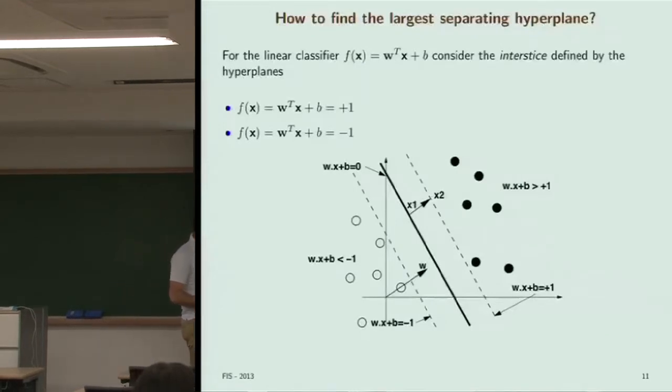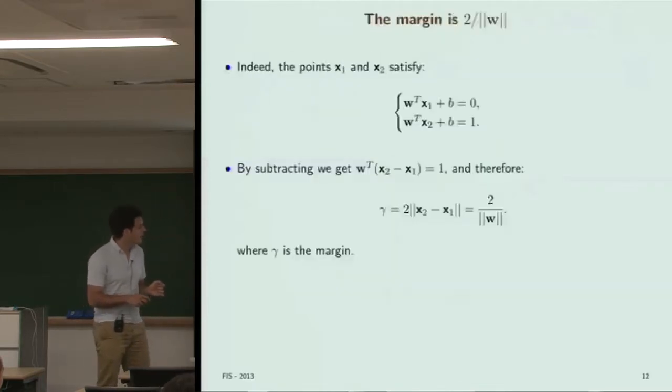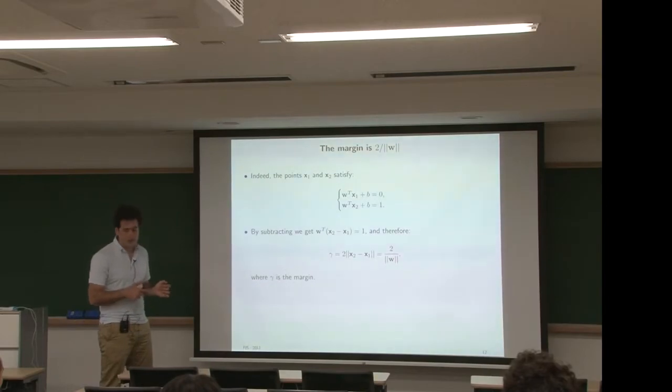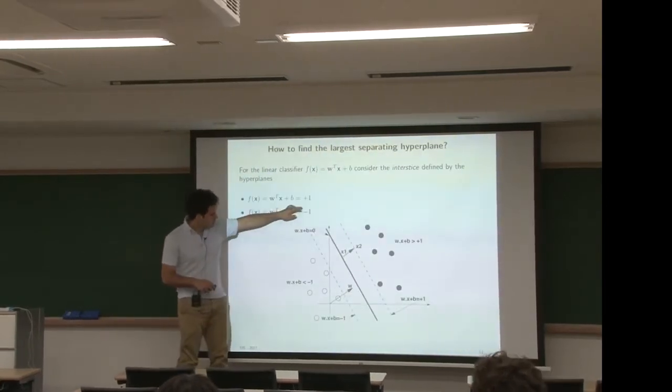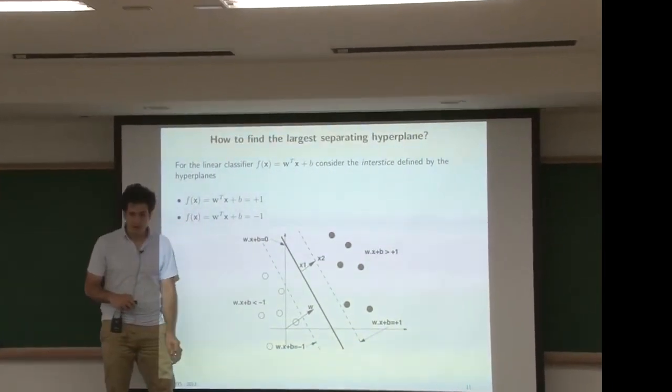So once we have parameterized our hyperplane and the tube that goes with it this way, what we can see is that the distance between the hyperplane and either side of the tube is basically the inverse of the norm of w. How can we get this? Well, let's choose any point on the hyperplane, and call it x1.